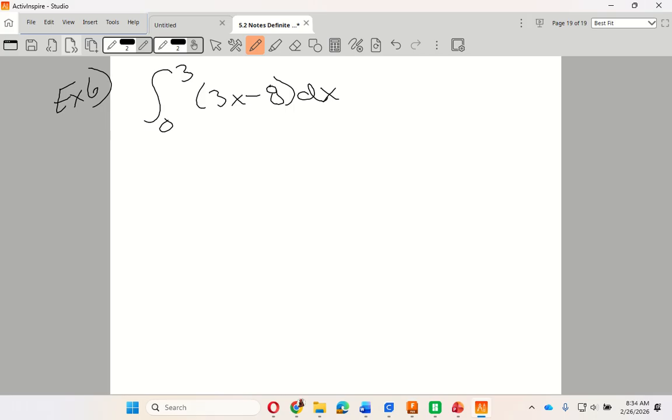So let's go ahead and integrate each term individually. As I integrate each term individually, this is going to become minus 8x. Very good. From 0 to 3.